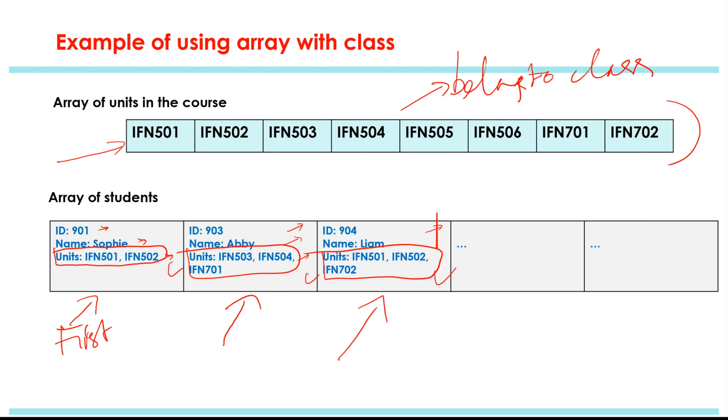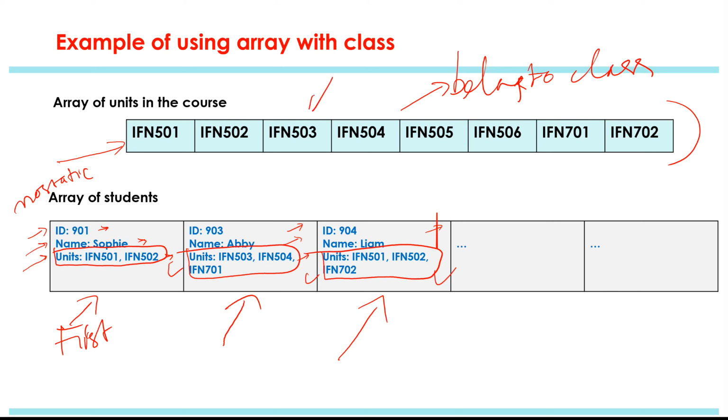So in C#, when we declare data fields for the class, the data fields like ID, name, and units here are non-static data fields, because these data fields are associated with the object.